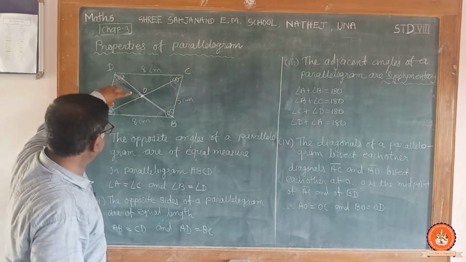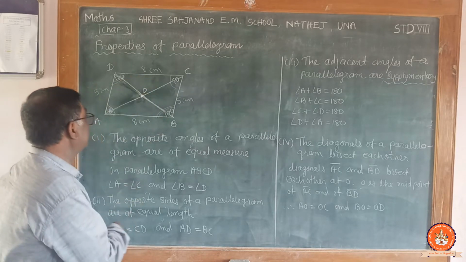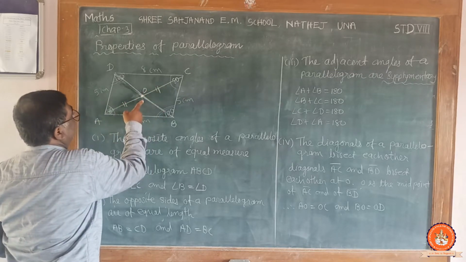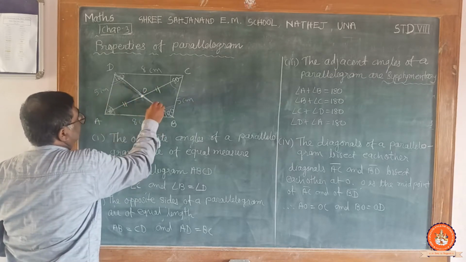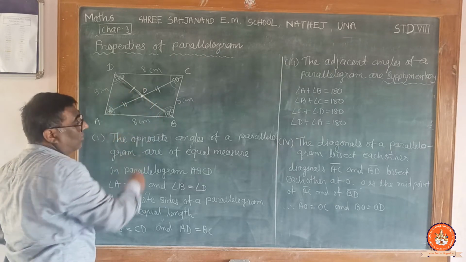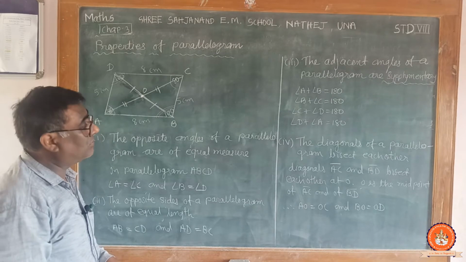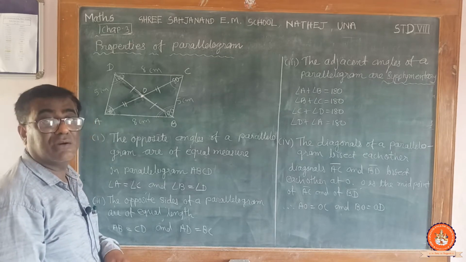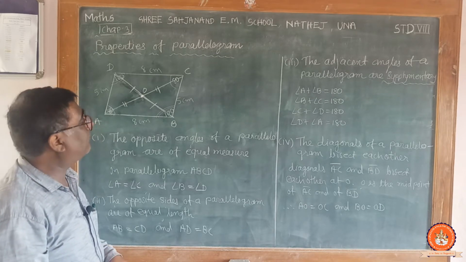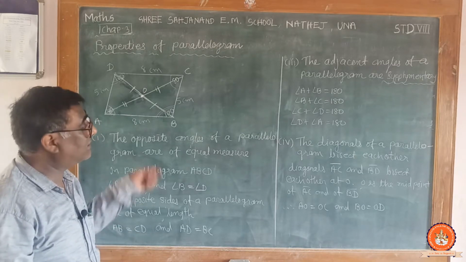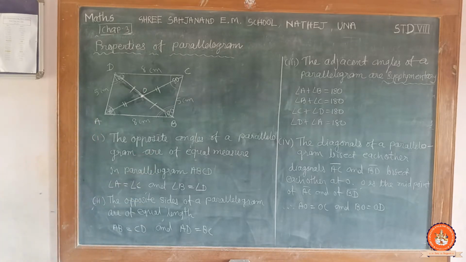So we can say that OA is equal to OC and OB is equal to OD. Okay, so these are the 4 properties we have to learn and keep in mind, and we have to solve exercise 3.3 using these properties.